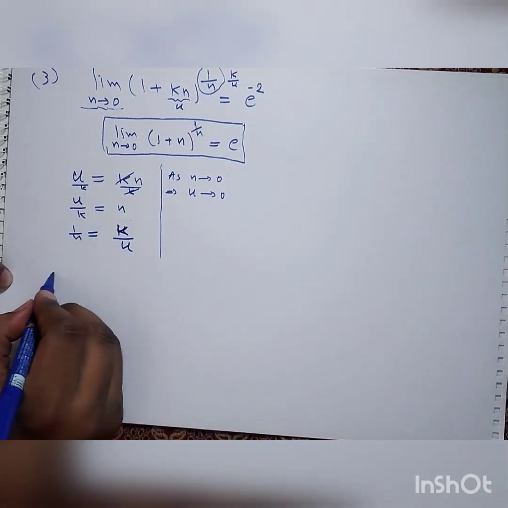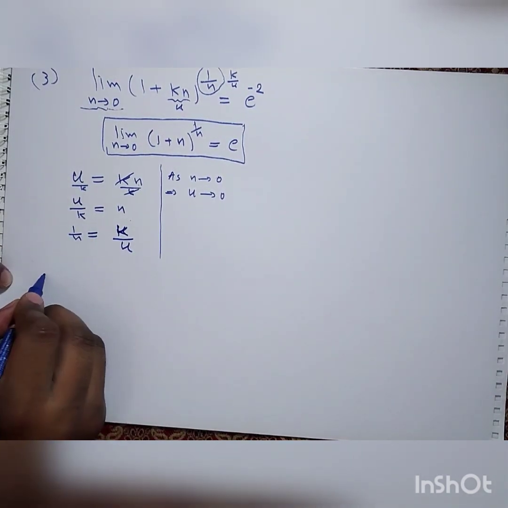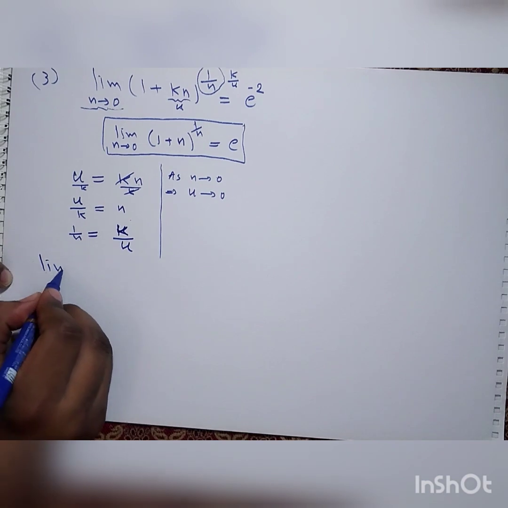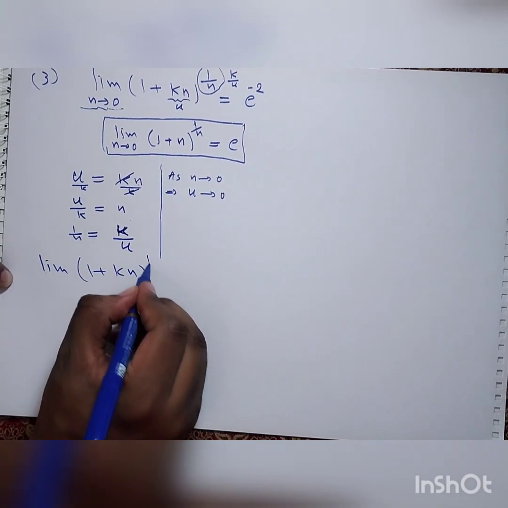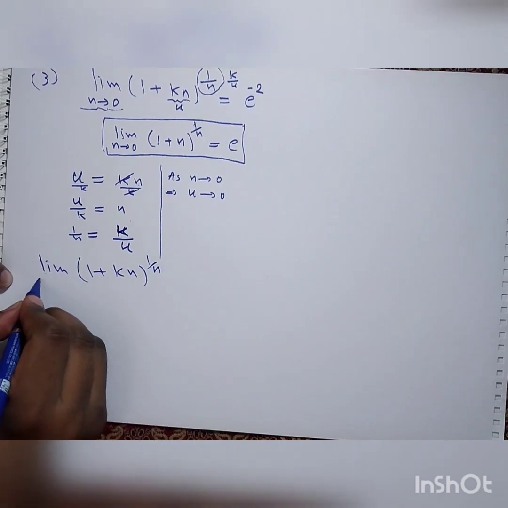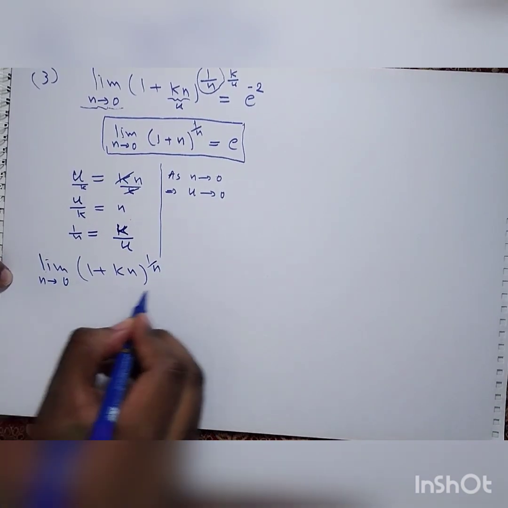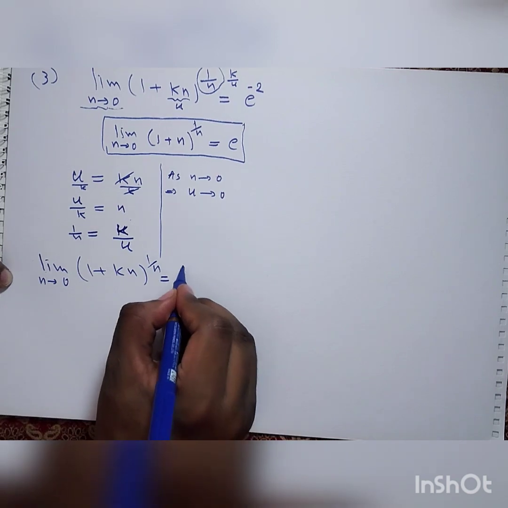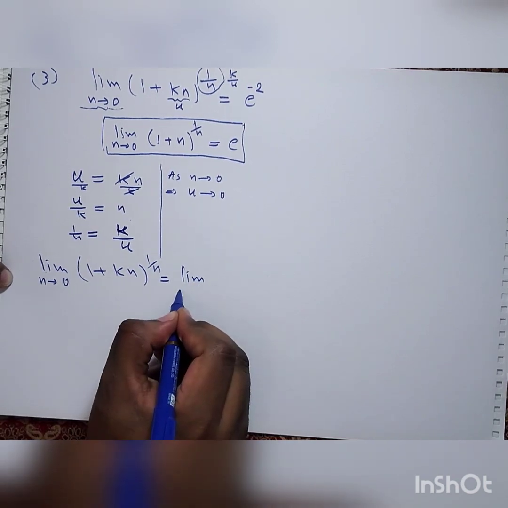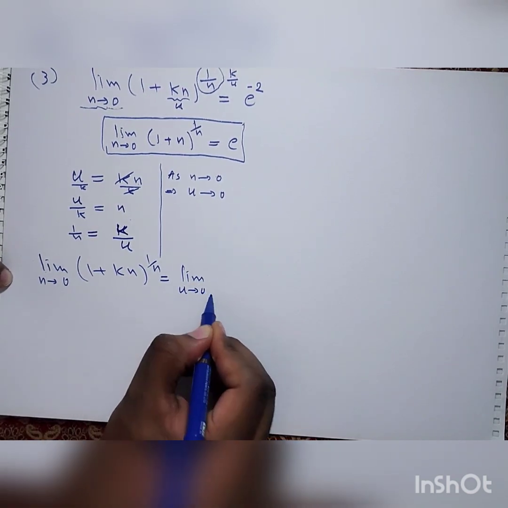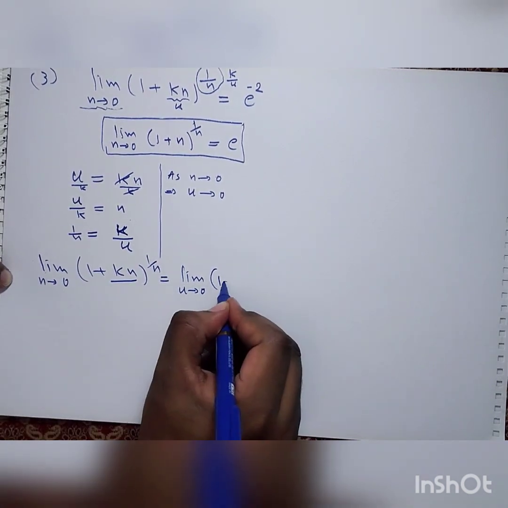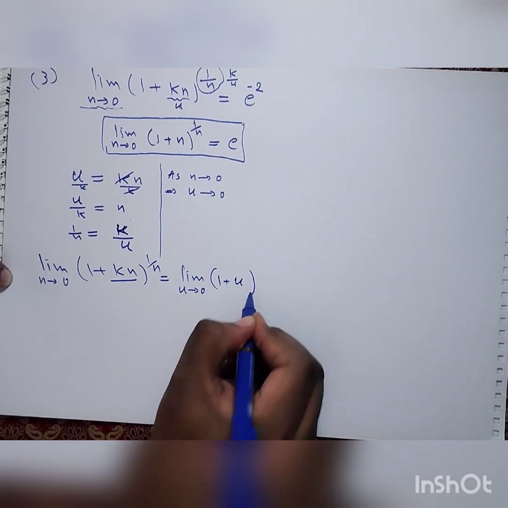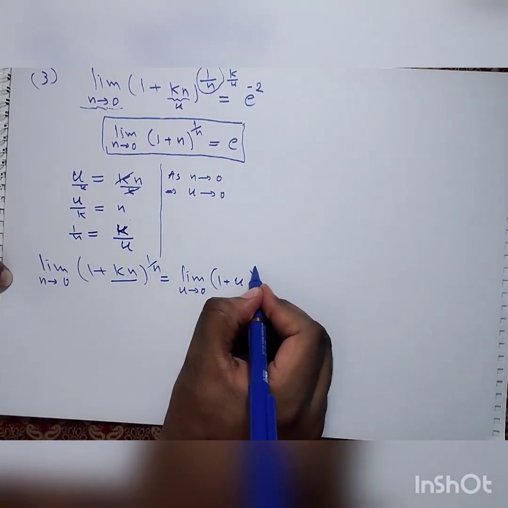So we can write our limit as follows. We have the limit of (1 + kn) to the power 1 over n when n approaches 0. This is similar to the limit when u goes to 0, where we replace kn by u, so we have 1 plus u, and the exponent is replaced by k divided by u.